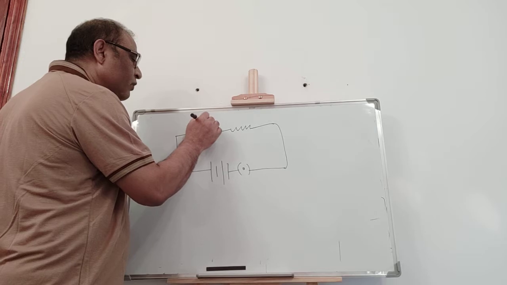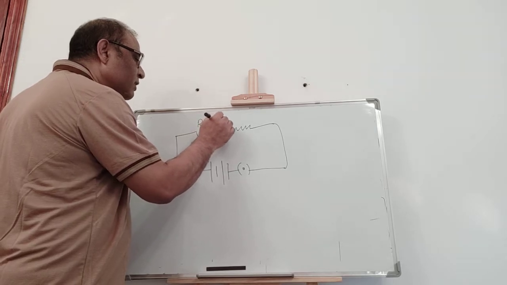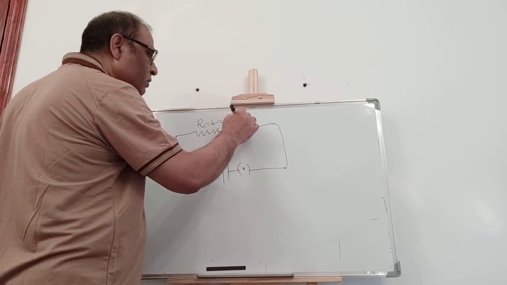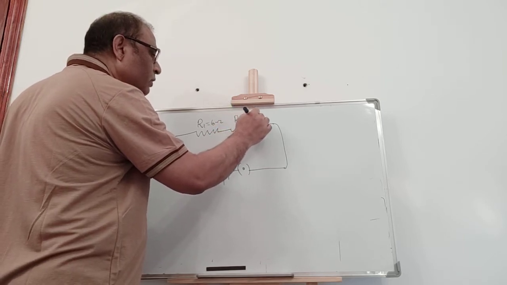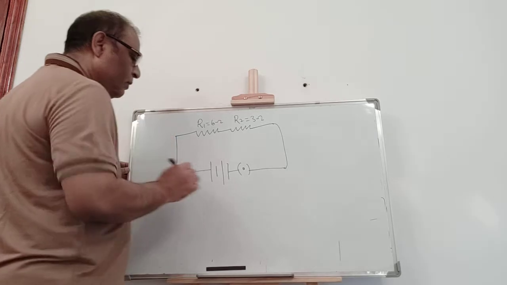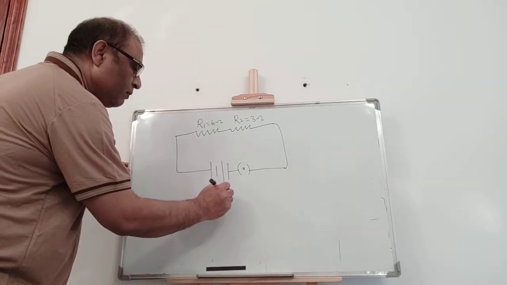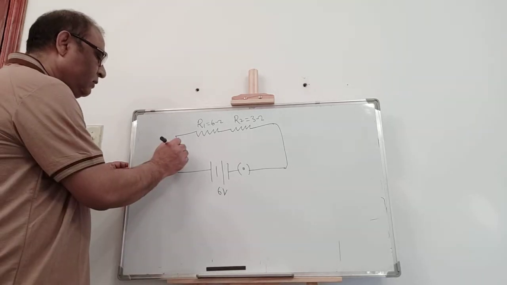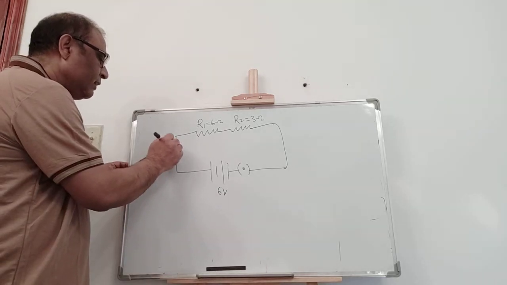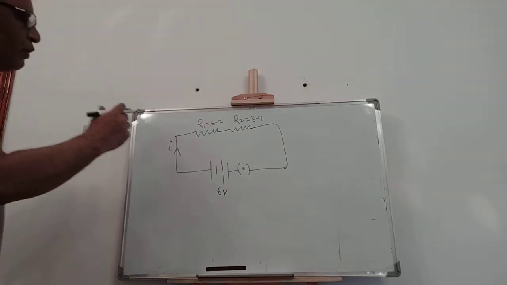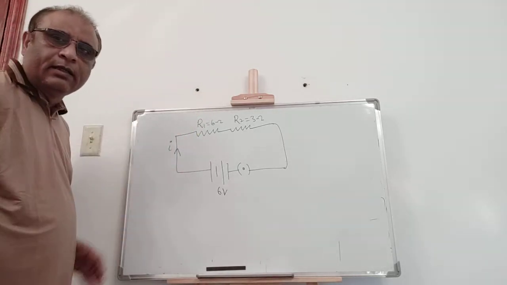R1 equal to 6 ohm, R2 equal to 3 ohm. Here is a 6 volt power supply and current I. First we are going to find out the current in the circuit.